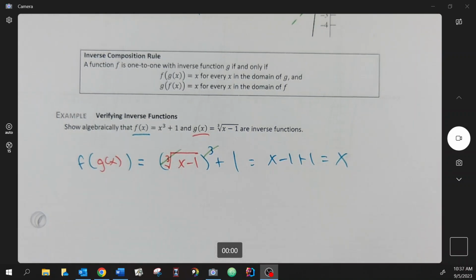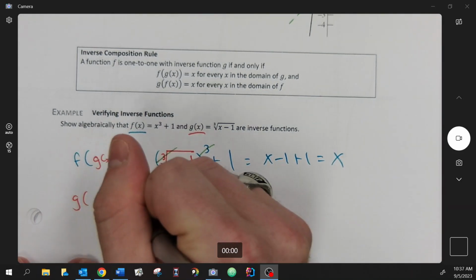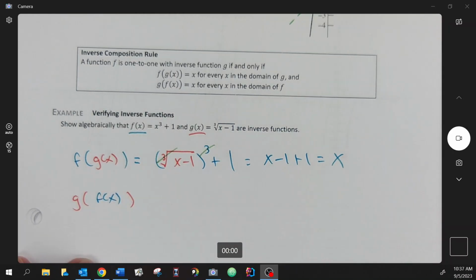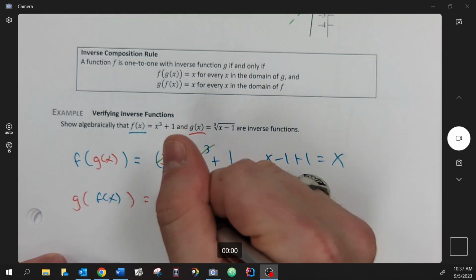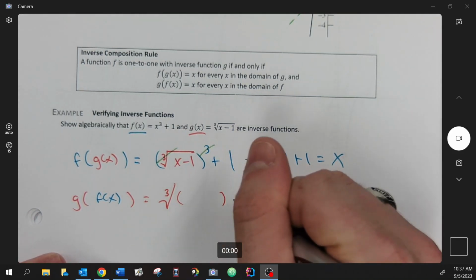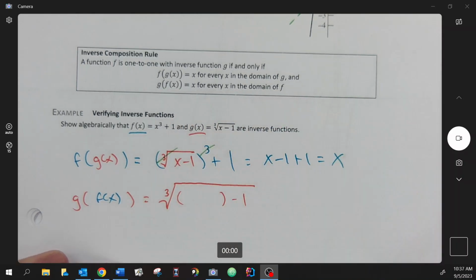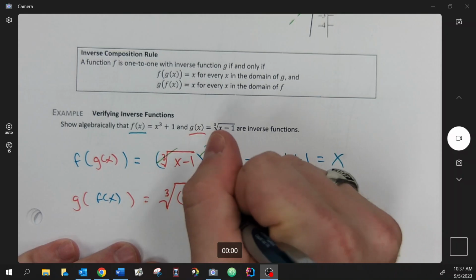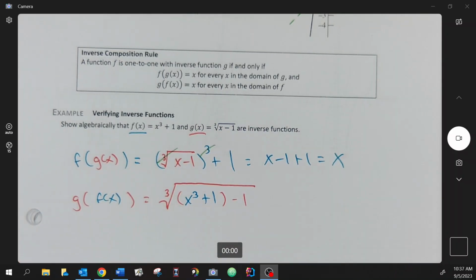Now I'm going to do it in the other direction. So I'll take red g of x, and everywhere it had an x, I'll have a set of parentheses. And I'll fill those parentheses with blue f of x. This happens to be one of those times where the parentheses didn't do anything. And that's okay.